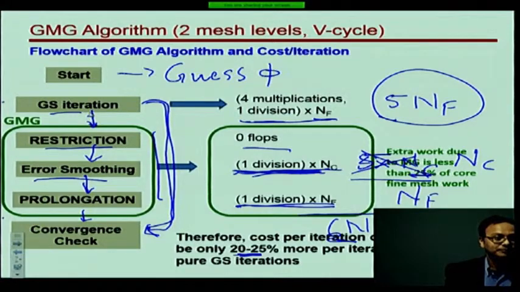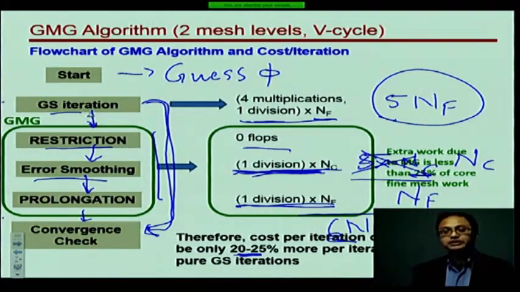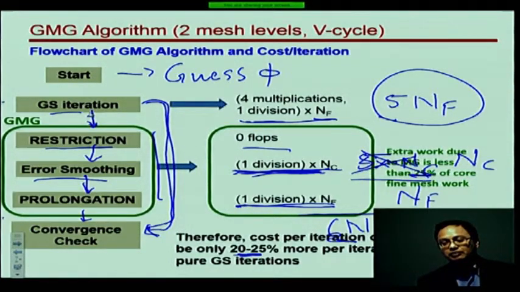Any questions on that? Yeah. Okay, if you don't do the correction form, the whole idea of using the correction form is because you're working with the residual, which is the error. We could just solve for the fine mesh, obtain some values, and use that as an initial guess for the coarse mesh.